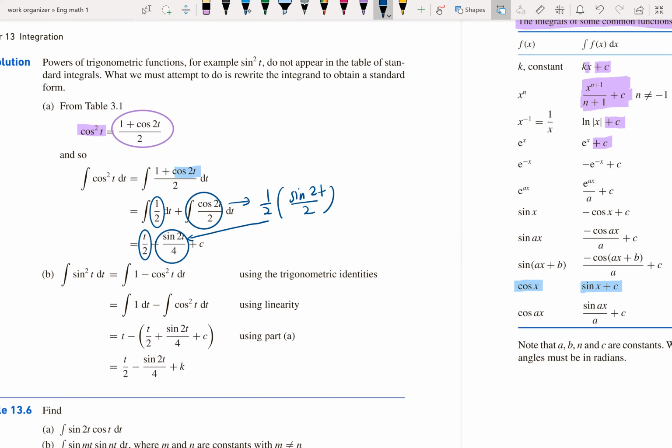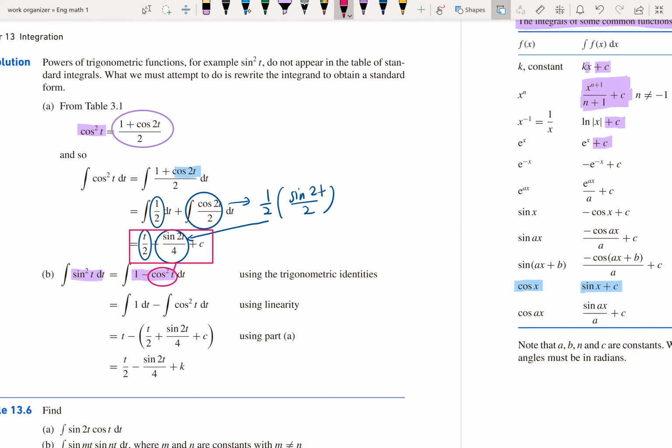Now we are using trigonometric identities again. Sin squared t is equal to 1 minus cos squared t. So we just replace the cos squared t that we got from above into this one.